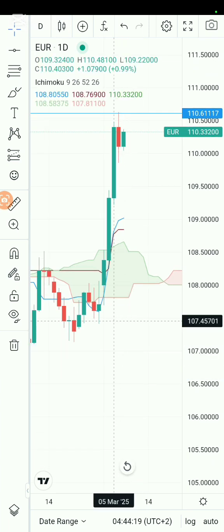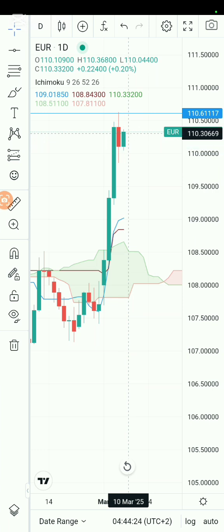We can see on this candlestick for today that price is slowly moving up, but we are overall bearish on the euro. So we think that the dollar has found support, and we think that the euro has run into a resistance level.